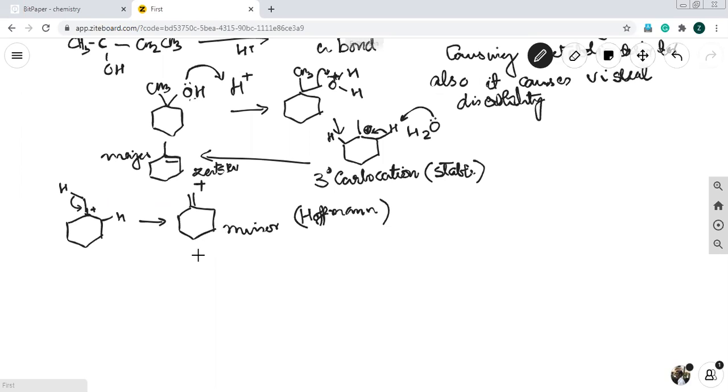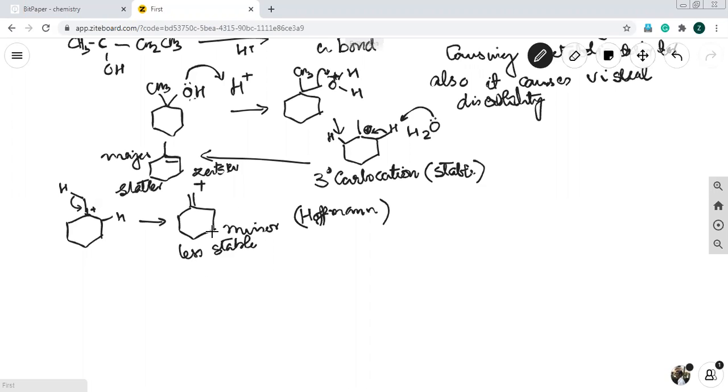The Zaitsev product is more stable than the Hoffman product. So this is less stable, and the Zaitsev is coming as the major product.